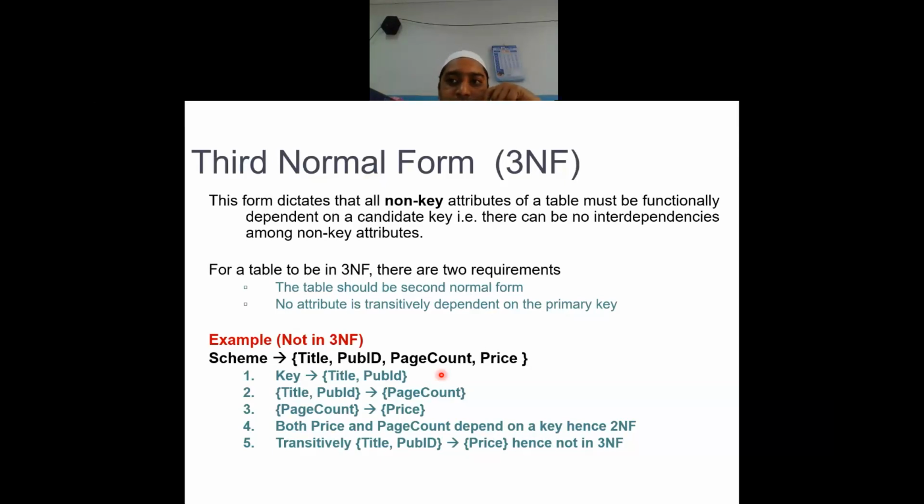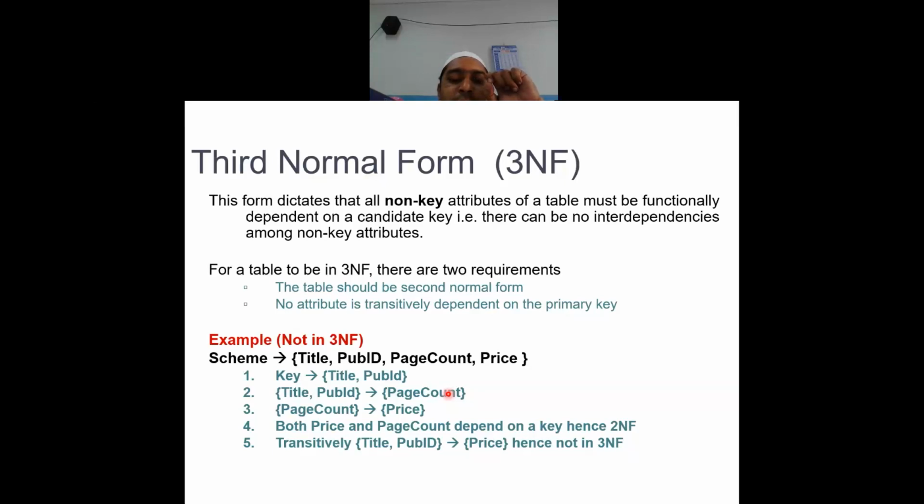So I'm telling that the publication ID and title determines the number of pages also. For example, if the book is for a very vast topic, it will contain a huge number of pages. If it is for a very specific dedicated topic, it may contain very few pages.